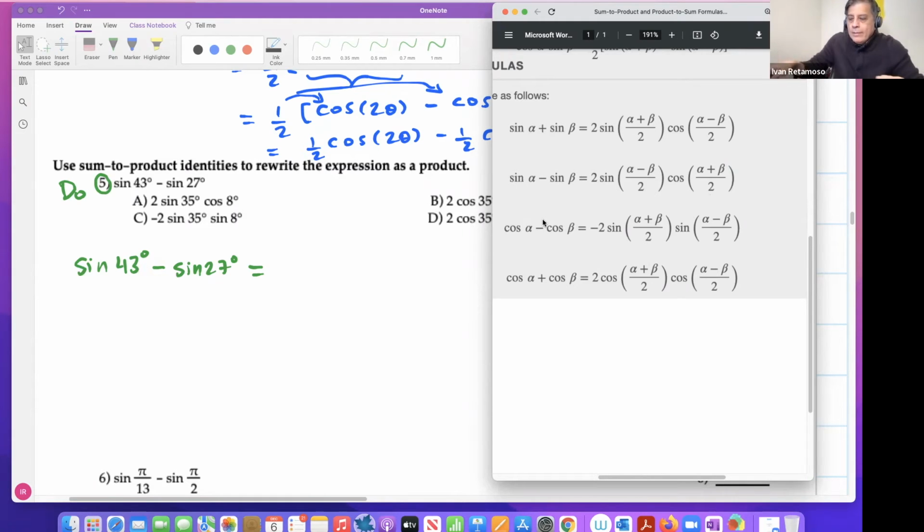Use your second formula. Figure this out. Very good, guys. Apply the formulas accordingly, and you should be fine.